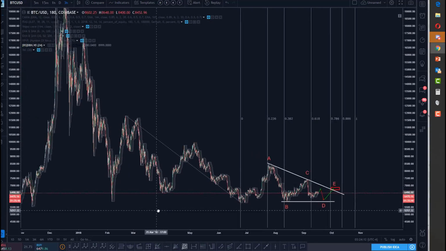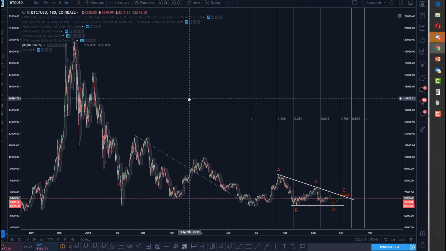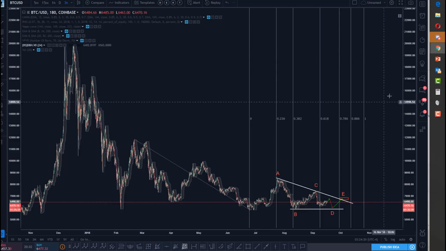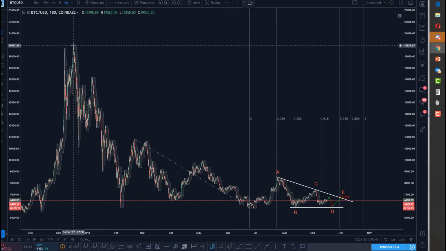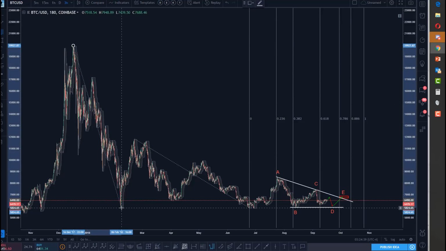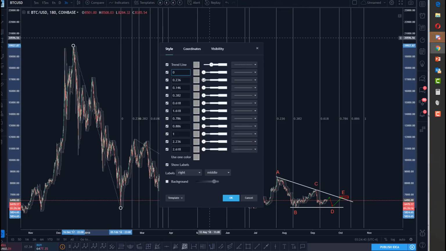Now, what if we take it one pivot to the left and start measuring this massive thing? Okay, so swing high, swing low. Now on this one, I'm going to use a little bit different levels. Let's do all the major ones.